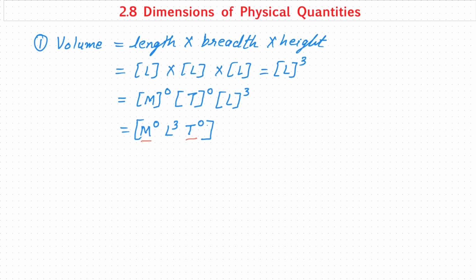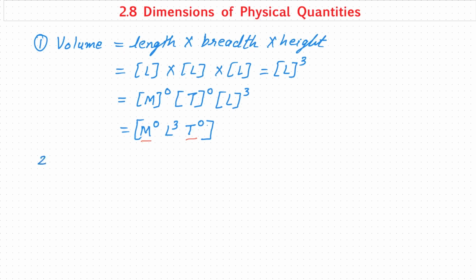The answer is, by convention, the dimensions are written in the form of M, L and T. If the physical quantity depends on current, then A will be added. If it depends on temperature, then K will be added, and so on. Otherwise, by convention, all the physical quantities are represented by the dimensions of mass, length and time, that means M, L and T.